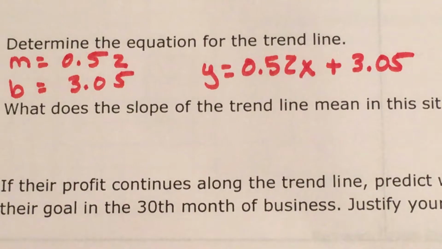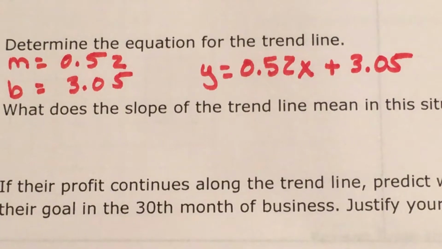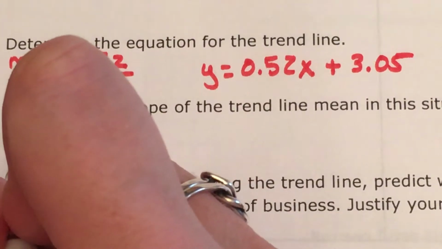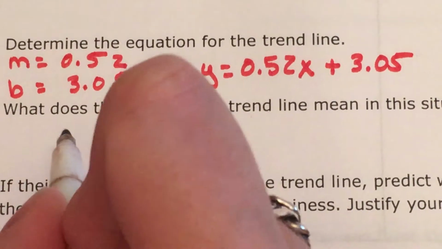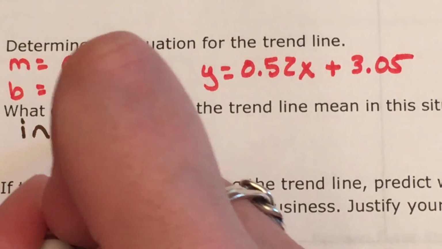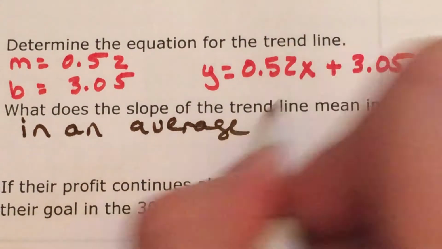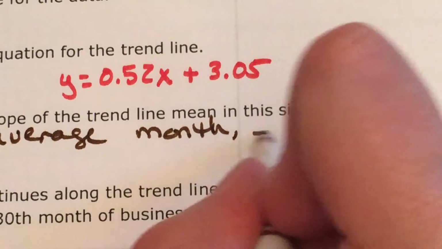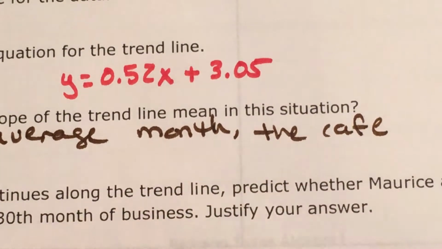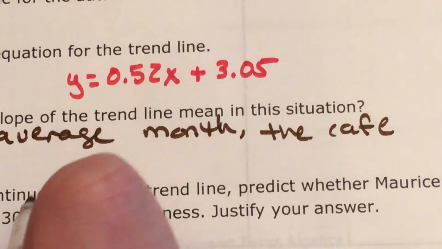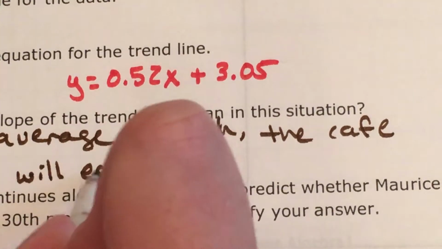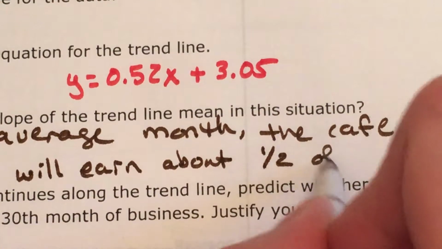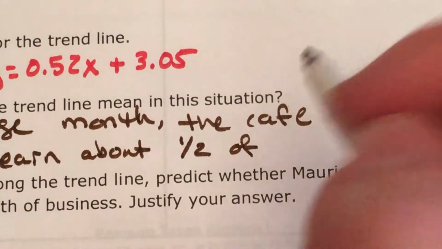It means that in an average month, the cafe will earn about 1/2 of $1,000.